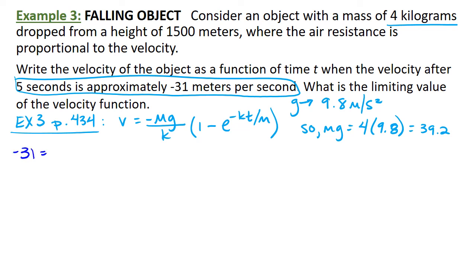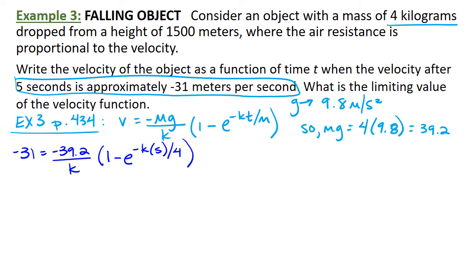negative 31 is equal to negative 39.2, which we just found, over k times the quantity 1 minus e to the negative k times 5 all over 4. Now using a graphing utility, we can go ahead and find the value of k.